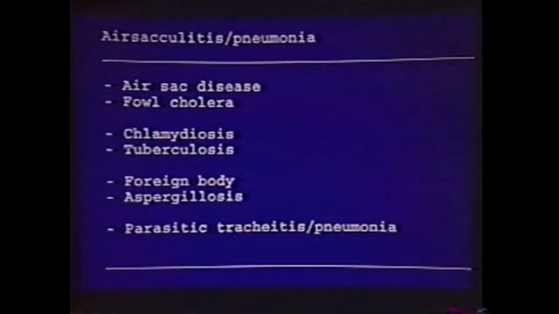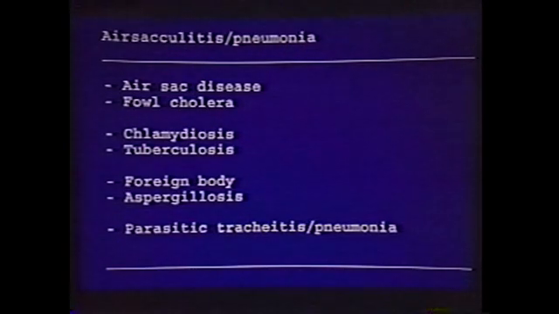Going down the trachea, we're going to talk about air sacculitis and pneumonia. We don't see very much pneumonia in birds, rather we see more air sacculitis. Just like in beef cattle, we see bronchopneumonia very commonly. Why? Because the organism settles to the cranioventral part of the lungs. In birds, the air sacs continue with the lungs. So perhaps that's why we see air sacculitis rather than pneumonia.